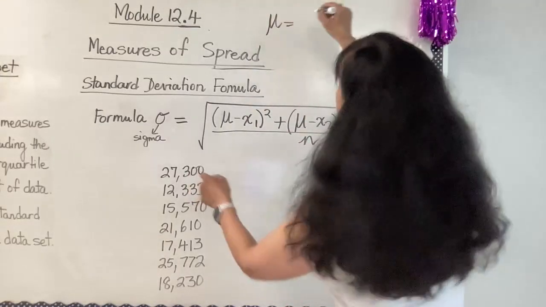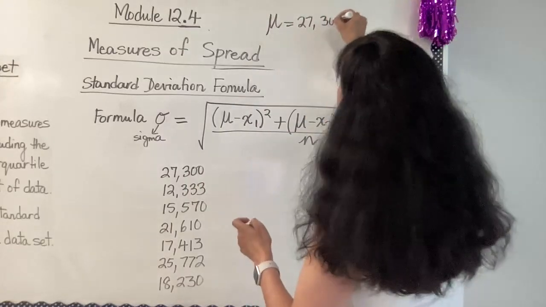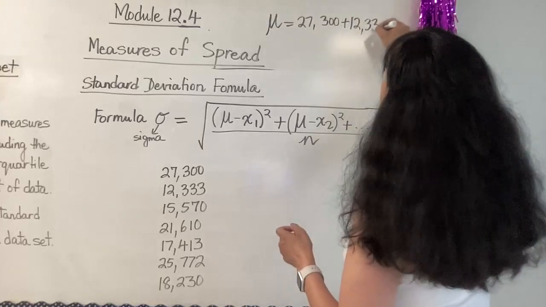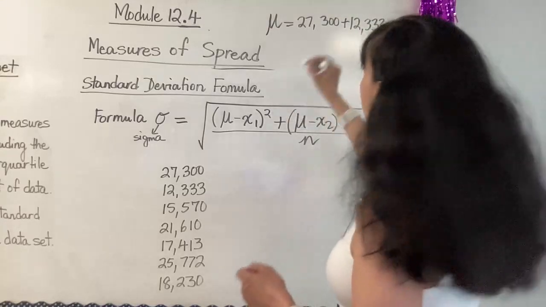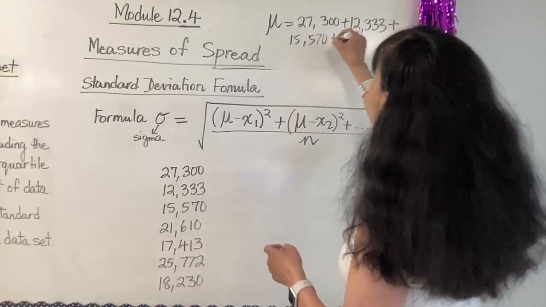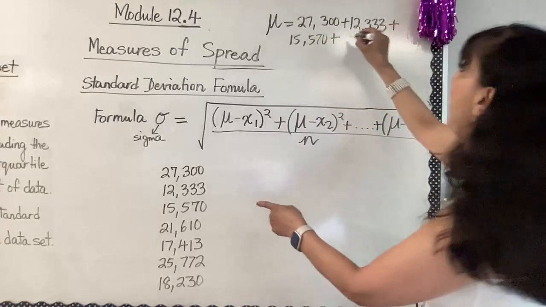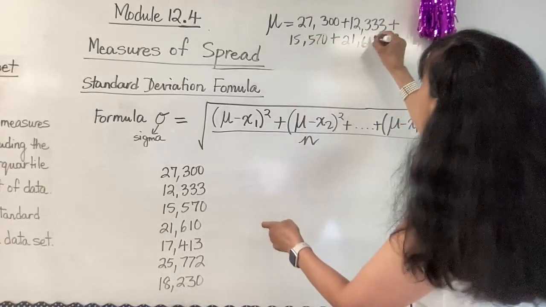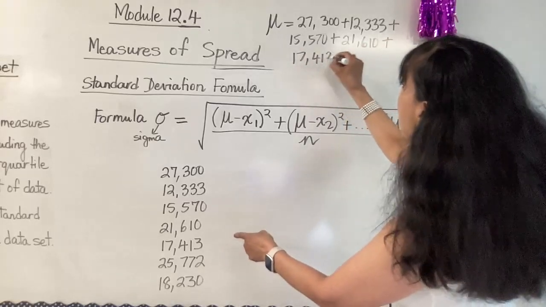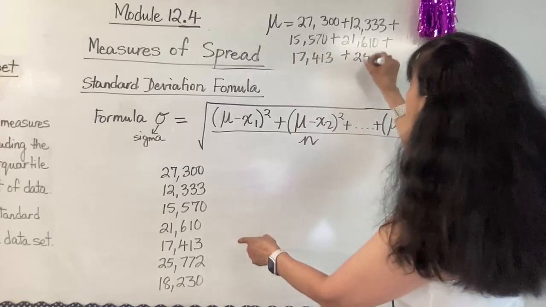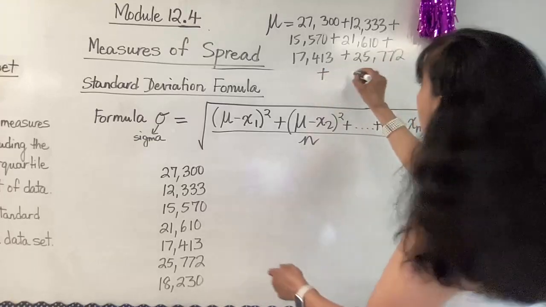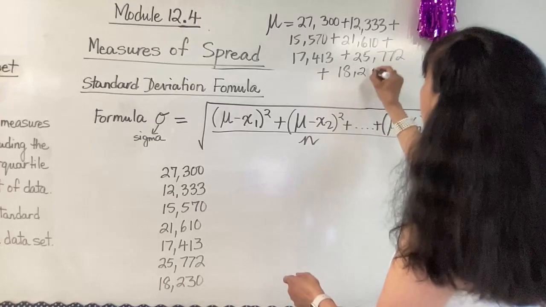So I'm going to take 27,300 plus 12,333 plus 15,570 plus 21,610 plus 17,413 plus 25,772 plus 18,230.